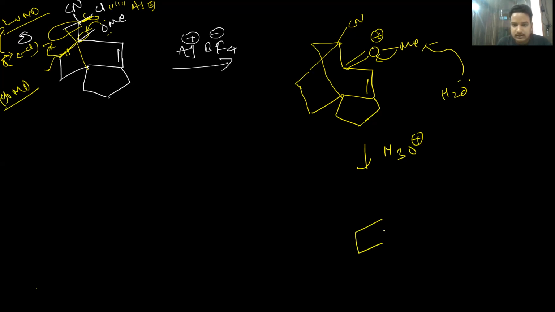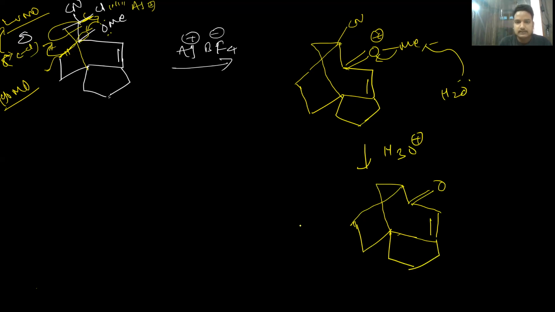So one I will draw like this. Having CN atoms there, a double bond is there, a double bond is there. So this is our final product.